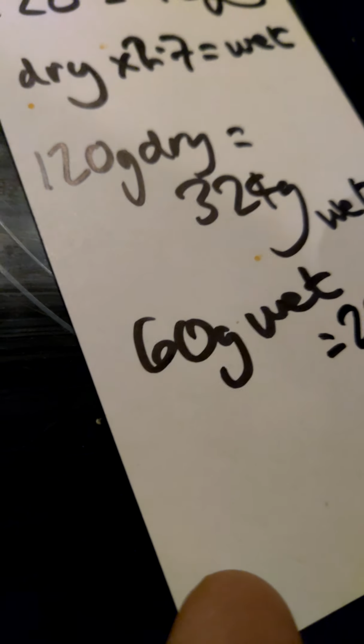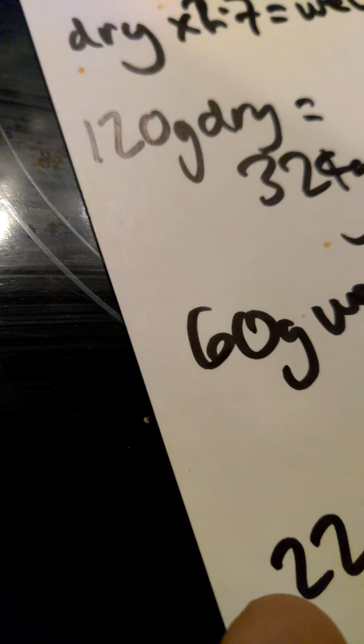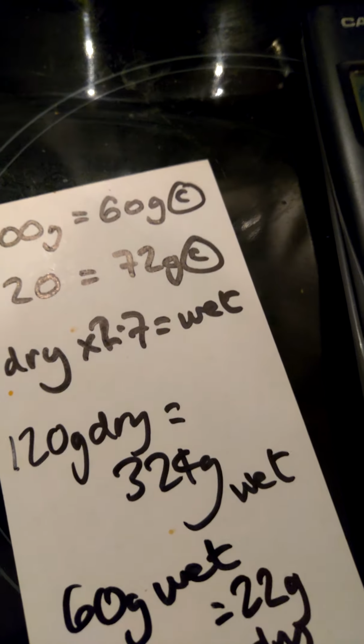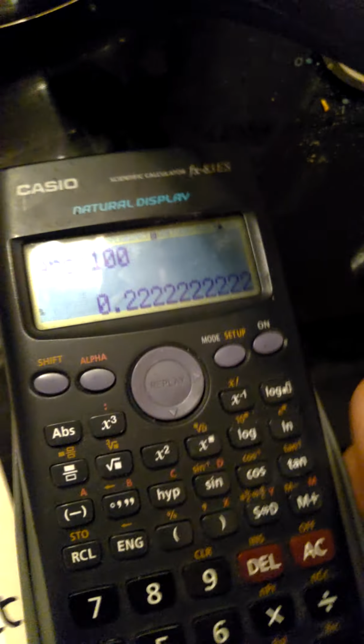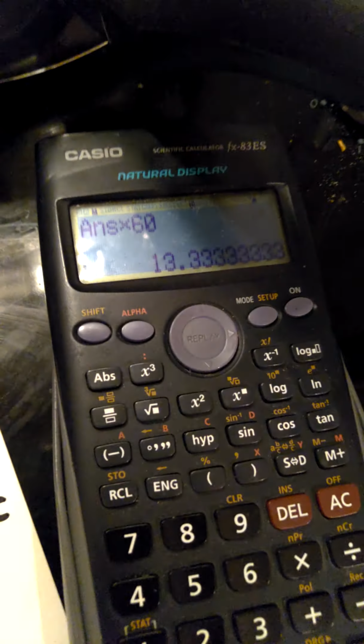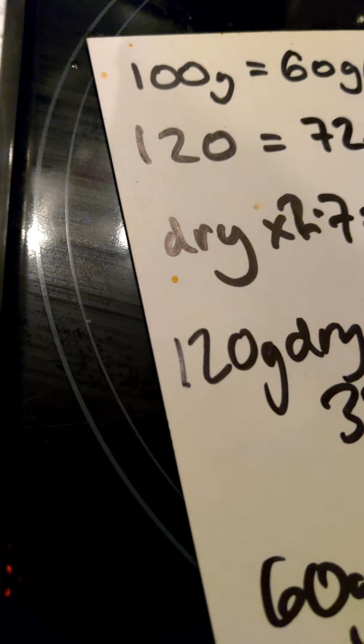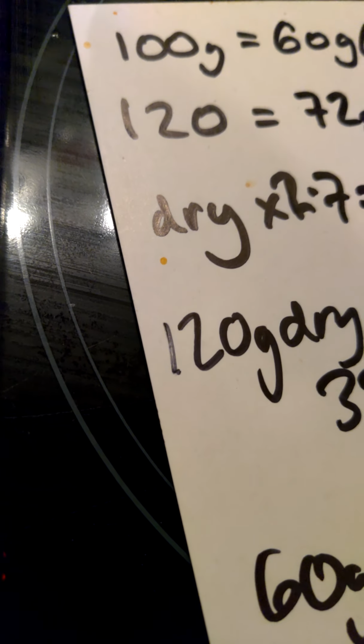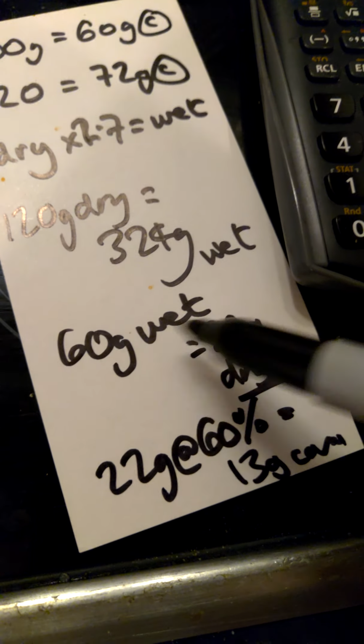And 22 grams of dry pasta at 60%, so I'll do 22 divided by 100 equals 1%, times by 60 equals 13 grams of carbs in 22 grams of dry pasta, which is actually 60 grams of wet.